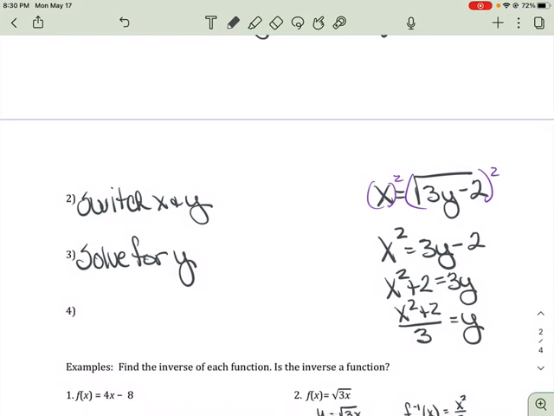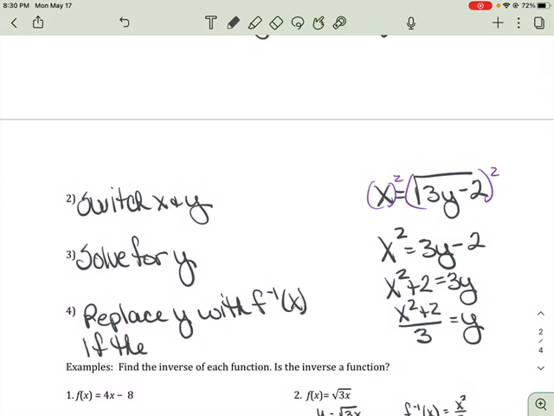Okay. All right, so step 4 is replace y with f inverse of x if the inverse is a function. So how do we know that?